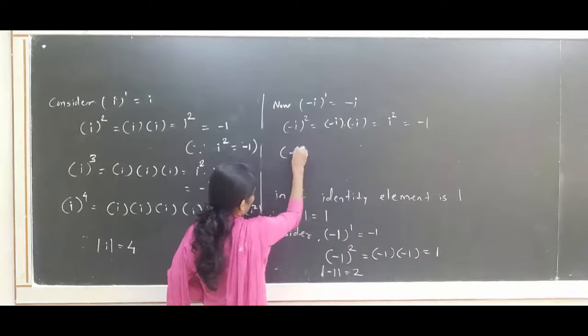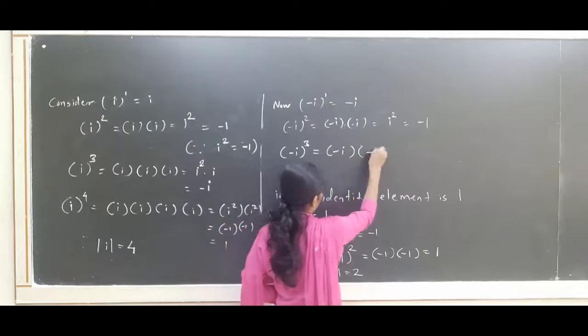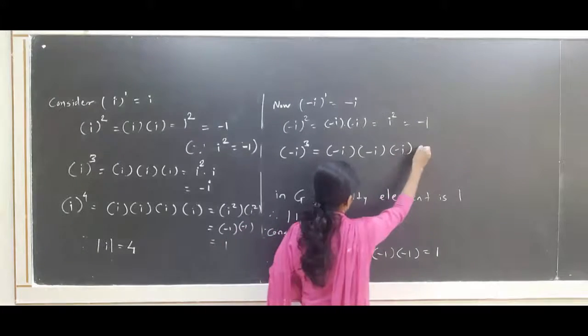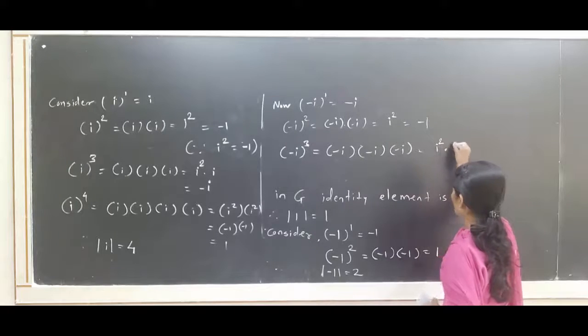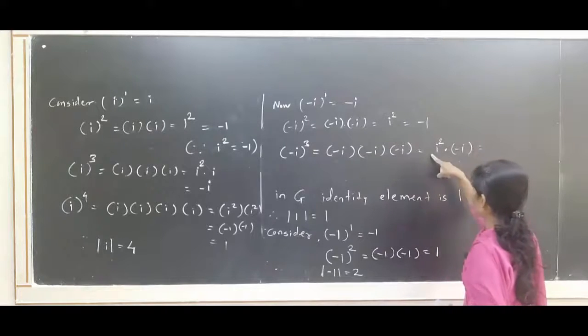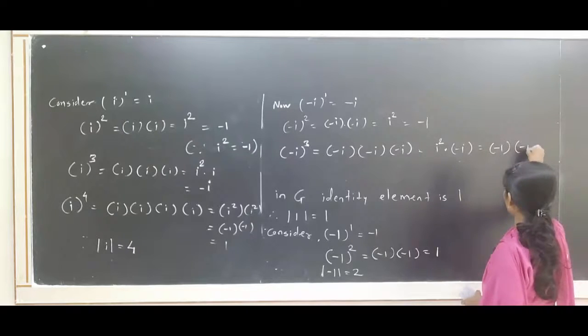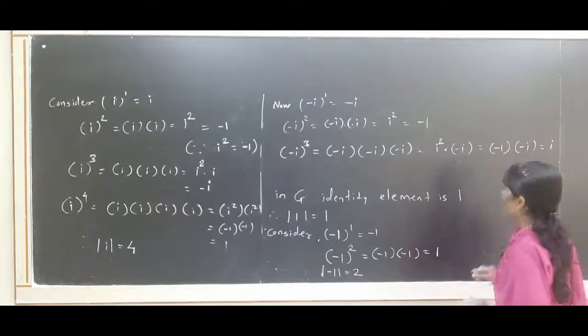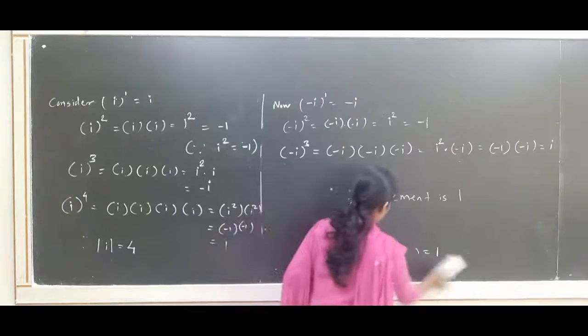Now minus i raised to 3. So minus i into minus i into minus i. So minus i into minus i is i square into minus i. So i square is minus 1, and minus 1 into minus i we get i. Again, which is not identity element.